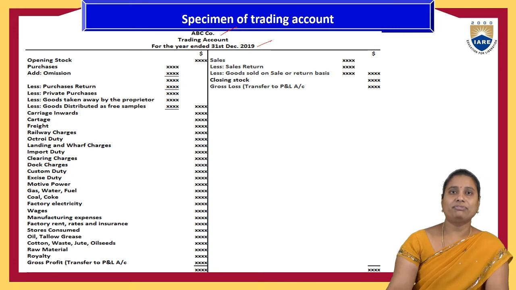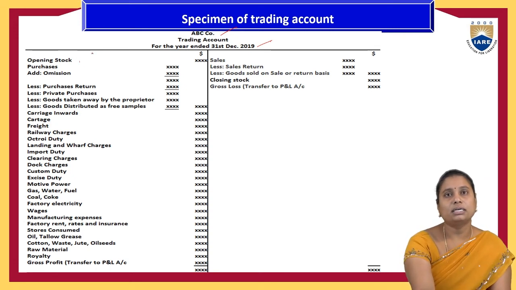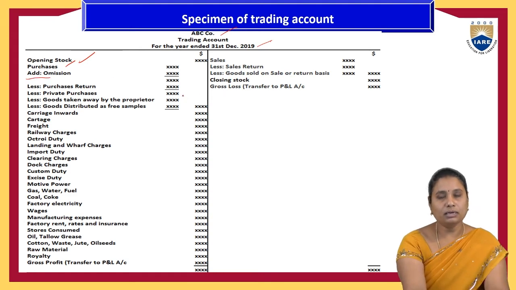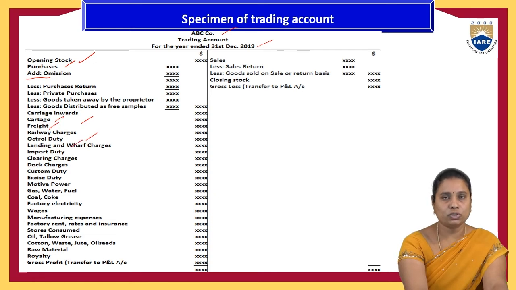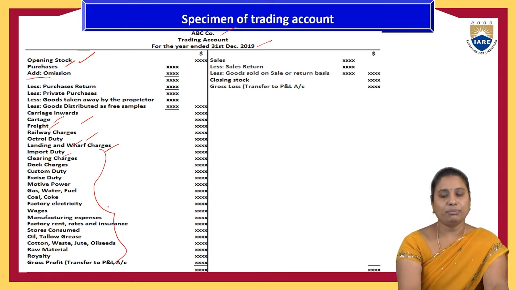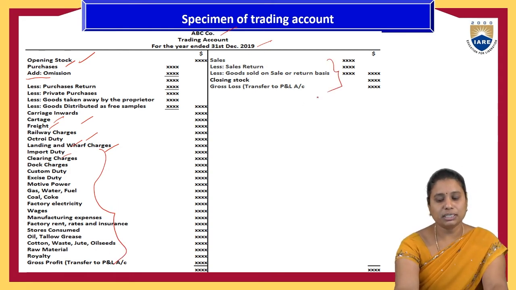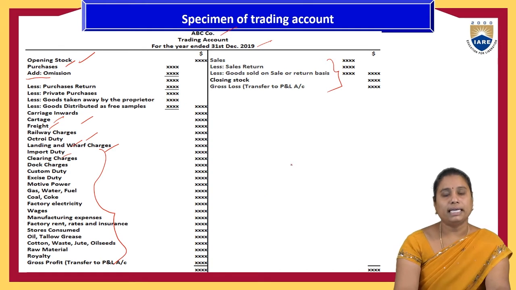In the pro forma, we see the opening stock and the purchases for that year, with any returns, being taken here. Any carriage inwards, cartages, freight, railway charges, octroi duties, landing, and import duties, all the direct expenses related to the manufacturing of a product and direct incomes with those products, are calculated under the trading account.